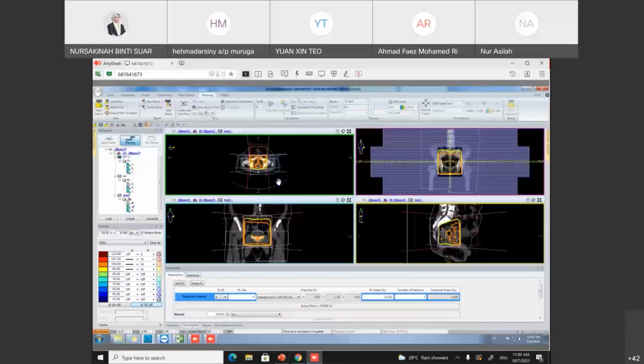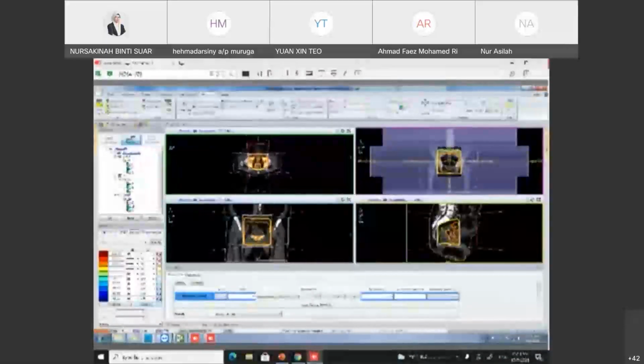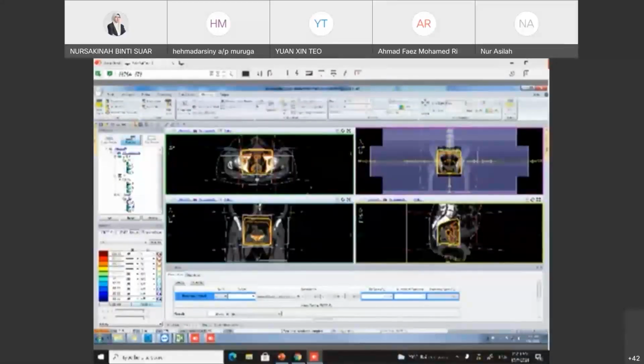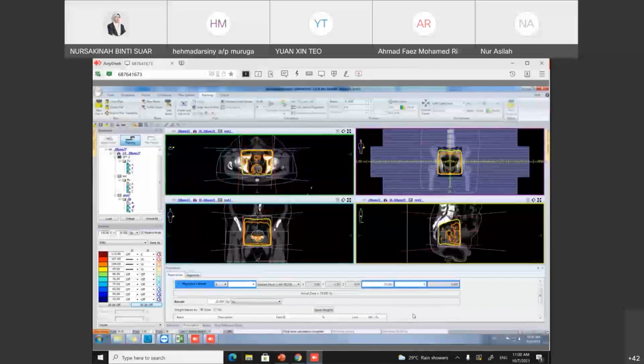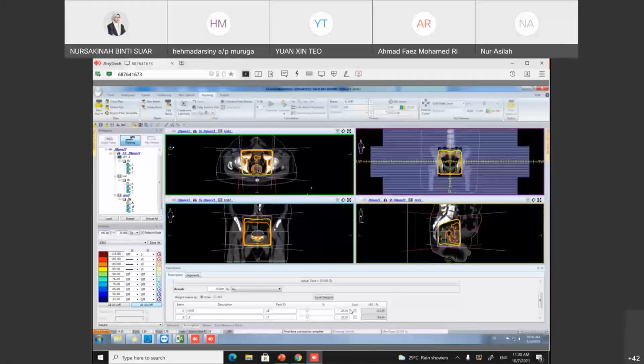So, are you satisfied with this plan calculation with each beam contributing 25%? For me, I will first look at the 70%.